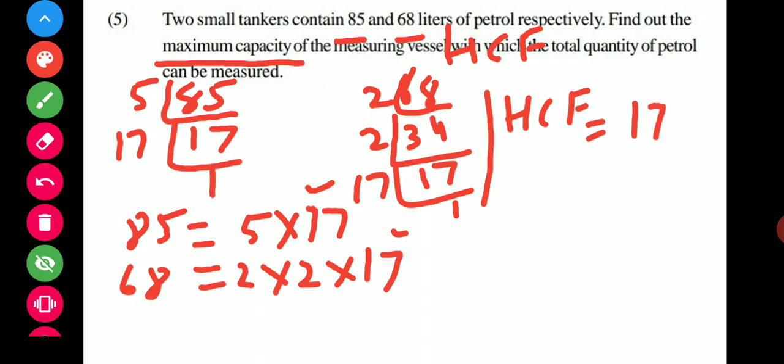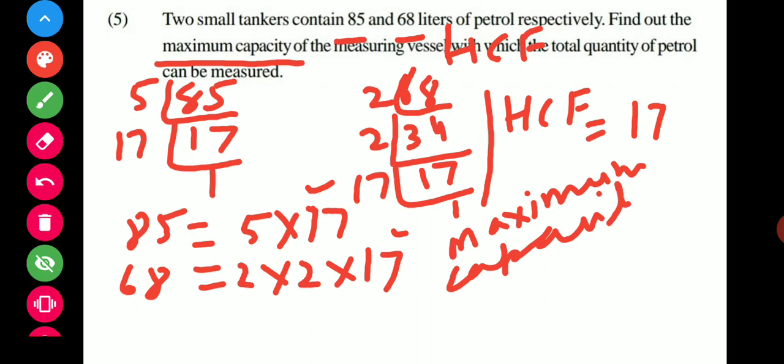So your HCF is 17. Find out the maximum capacity of this one. So your maximum capacity is 17 liters. You can write here: maximum capacity is equal to 17 liters. So that is your answer.